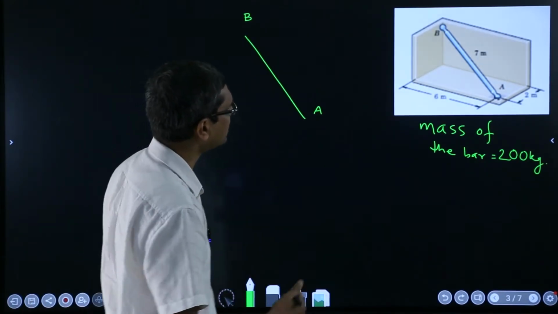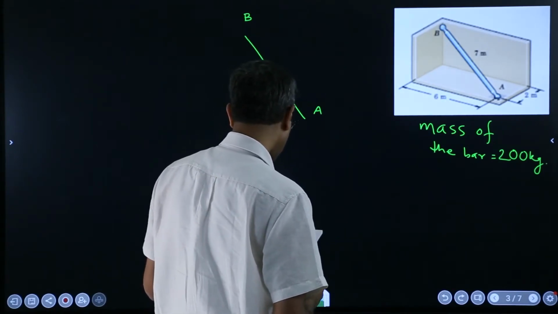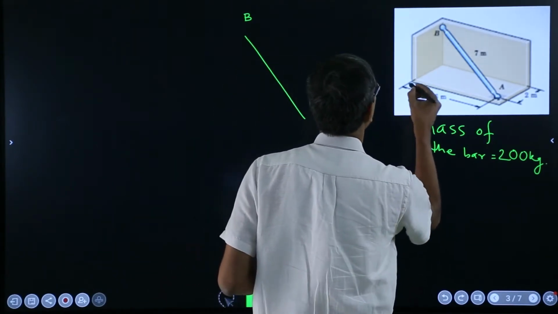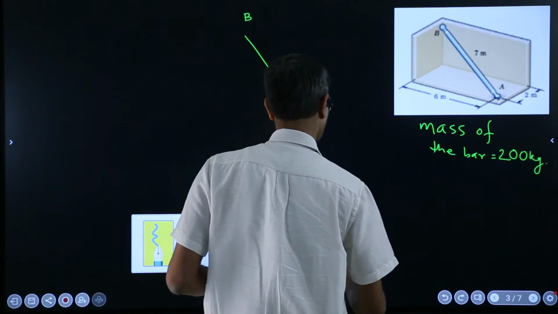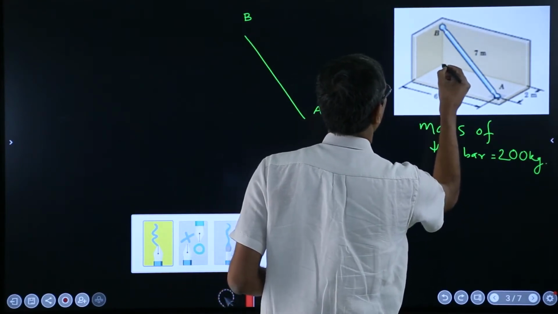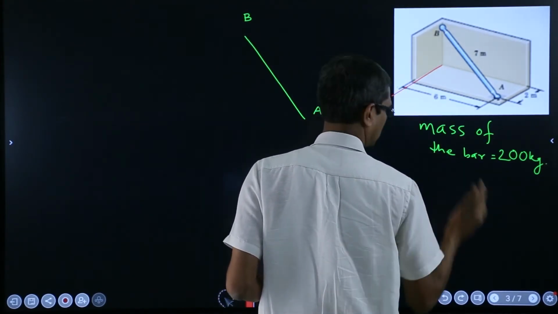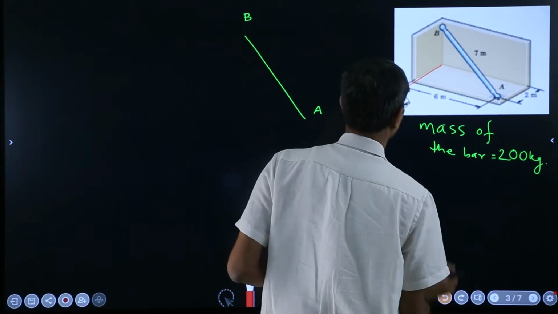When I am saying axis, let me first draw some coordinate systems.